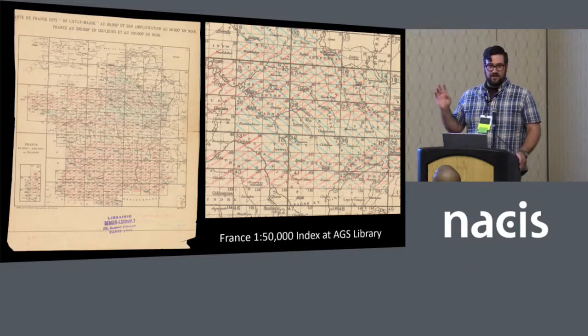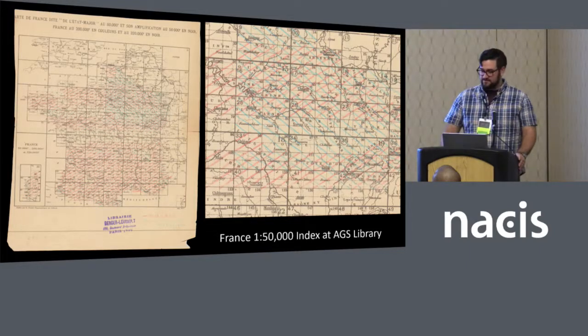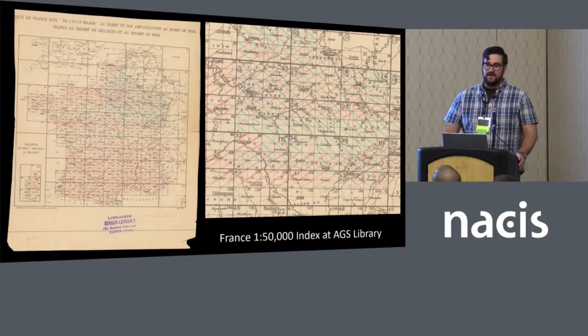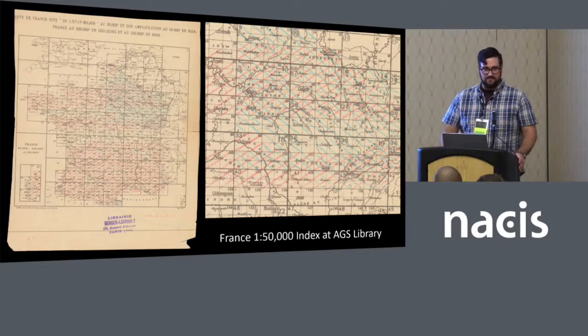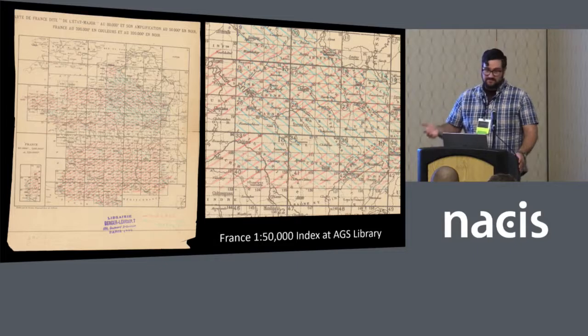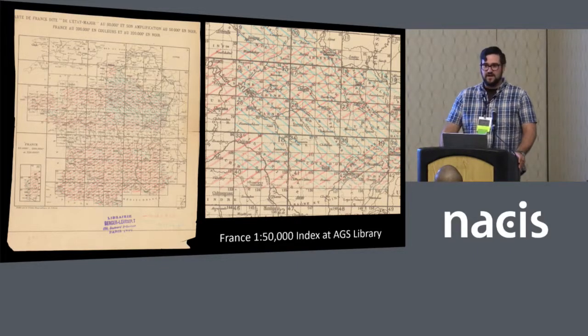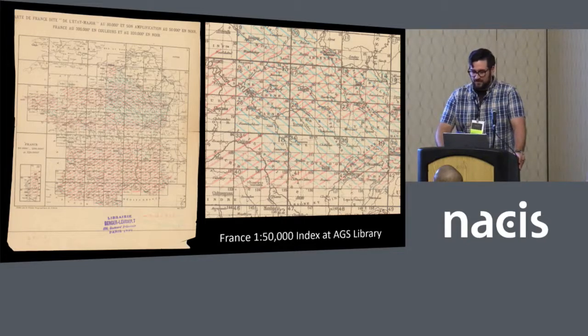One thing that we could do, and one thing a lot of institutions do, is scan this, put this online, include it as part of the set level metadata, and that's very helpful. It allows a user to get on there and get an idea of what might be available and some more information about the set. But it can be taken a step further.